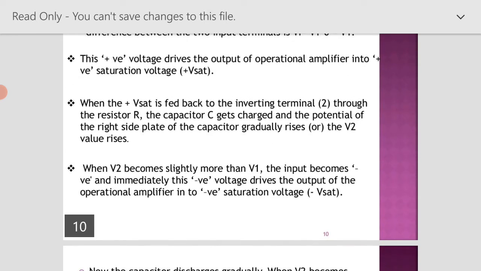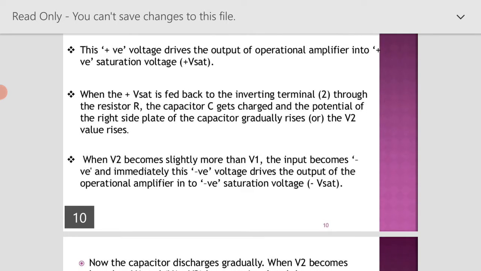When +Vsat is fed back to the inverting terminal 2 through the resistor R, the capacitor C gets charged and the potential of the right side plate of the capacitor gradually rises. The V2 value rises. When V2 becomes slightly more than V1, the input becomes negative and immediately this negative voltage drives the output of the operational amplifier into the negative saturation voltage, -Vsat.